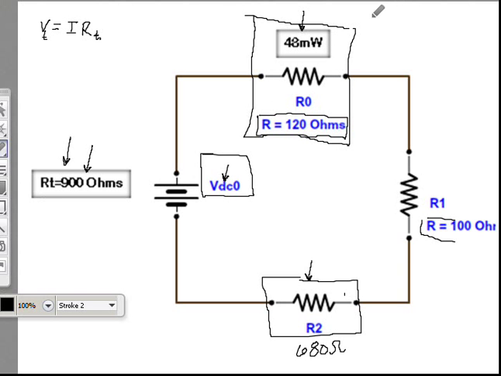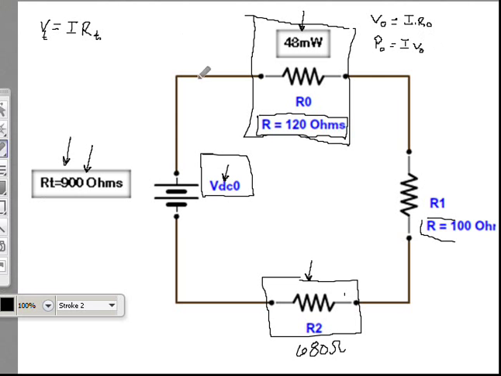Well, we know that voltage at R0 is equal to the current times the resistance of R0. We also know that the power at R0 is equal to the current times the voltage at R0.